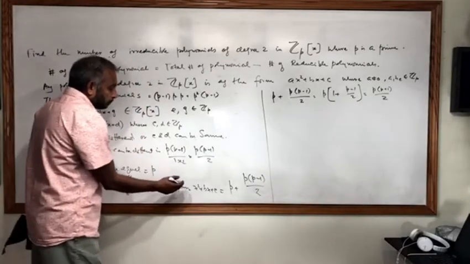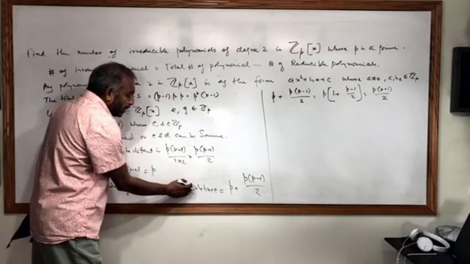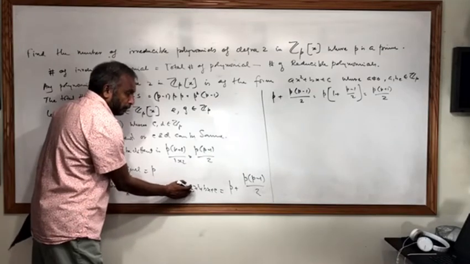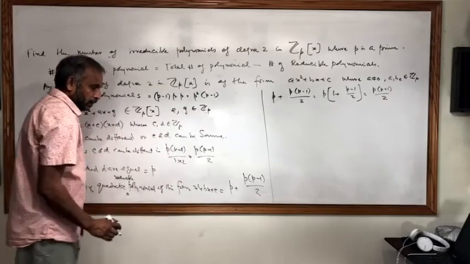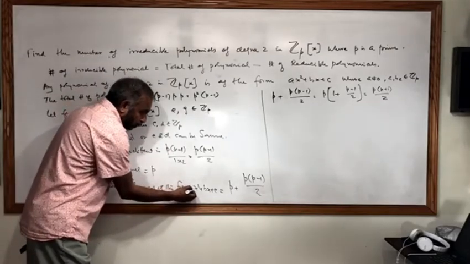But this is not the only form of quadratic polynomial in Zp of x. You can have 1, 2, 3 up to p minus 1 as the leading coefficient.